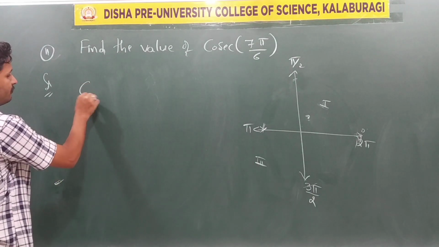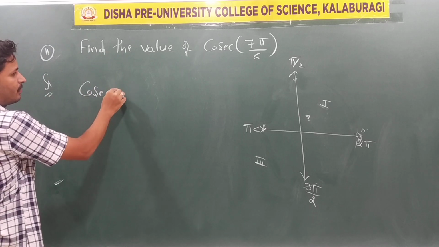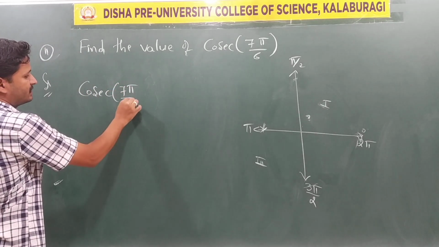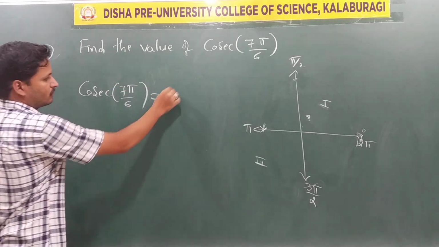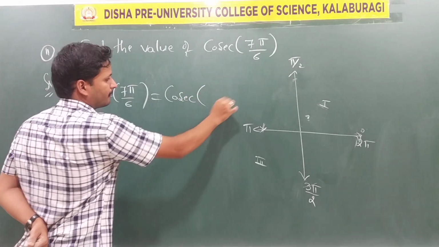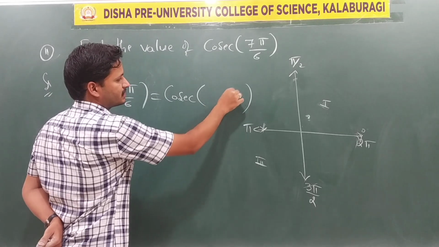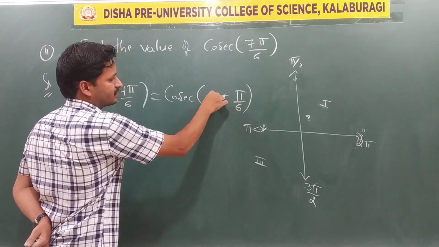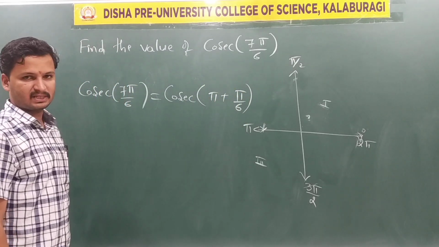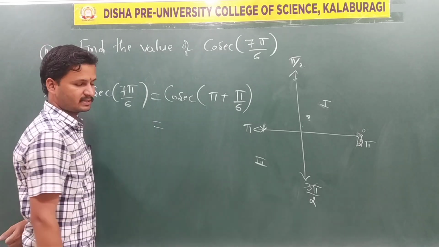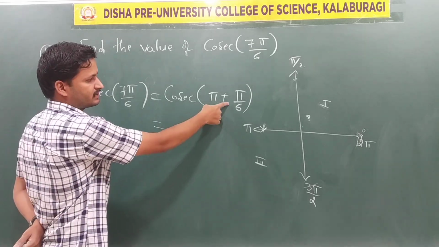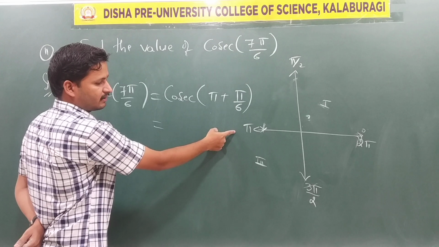Cosec 7 pi divided by 6, which is equal to cosec. So here 7 pi by 6 is there, write it as pi plus pi by 6, that is pi plus pi by 6, which is 7 pi by 6, correct? So 180 plus theta lies in the third quadrant.